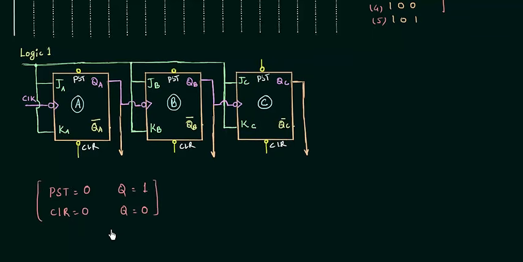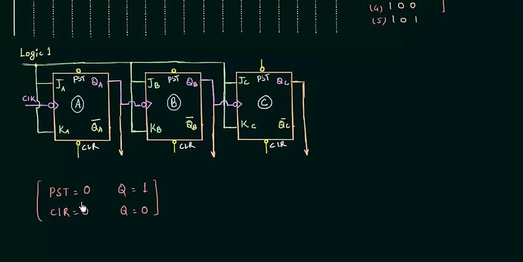If you want to reset your flip-flop, you have to make clear equal to 0. If you want to set your flip-flop, you have to make preset equal to 0. And these bubbles are there to show that they are active low signals. It's not like we have used a NOT gate here. They are just a symbol to represent that it is an active low signal. They are in action when they are low. So I hope you know the use of the preset and clear input.